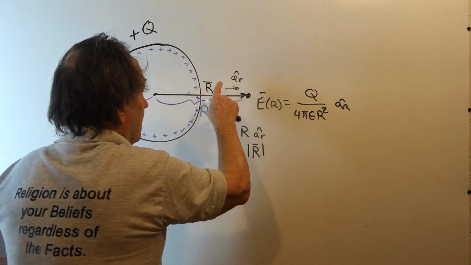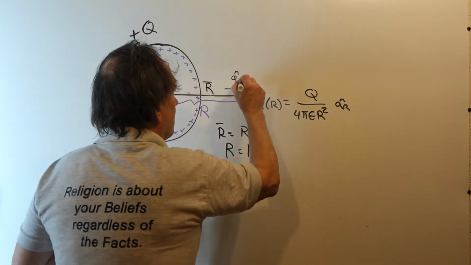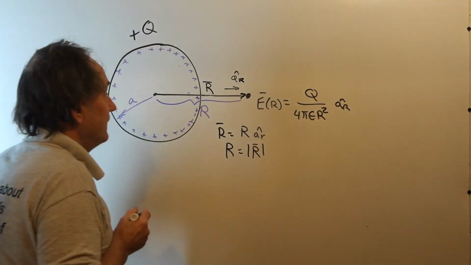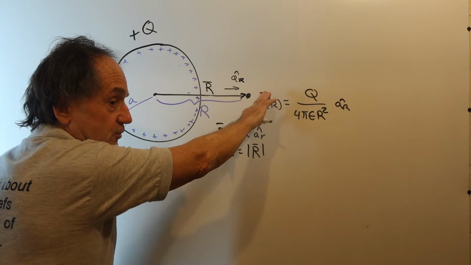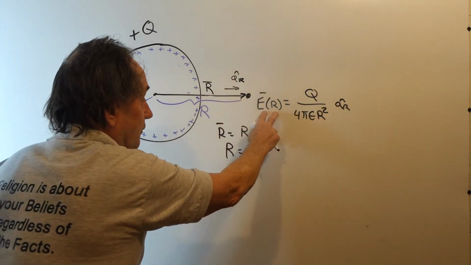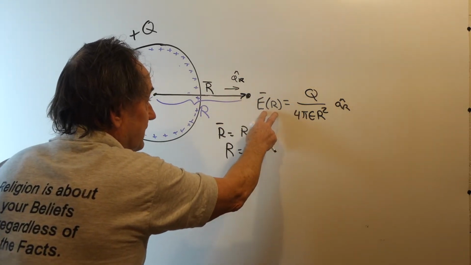And the a sub r direction, or the unit vector, is directed from the center of the sphere of radius a out to the point where we are interested in finding the electric field.